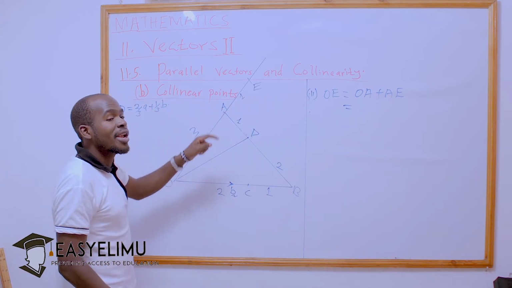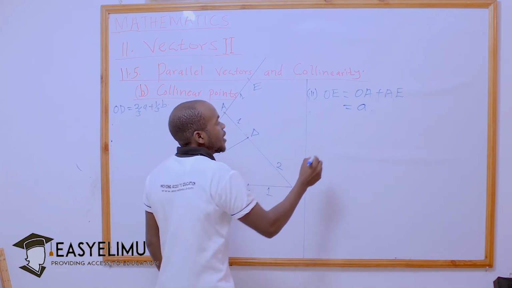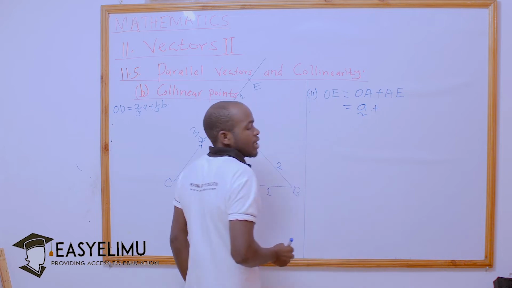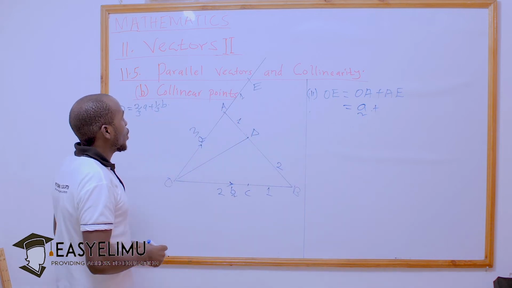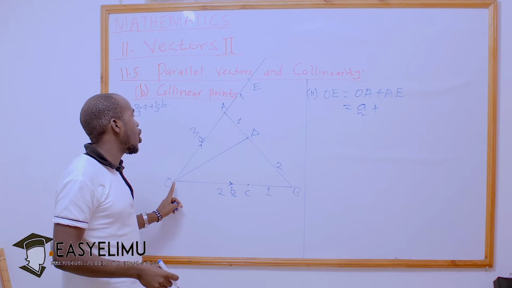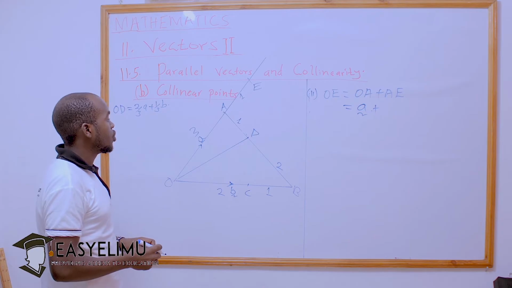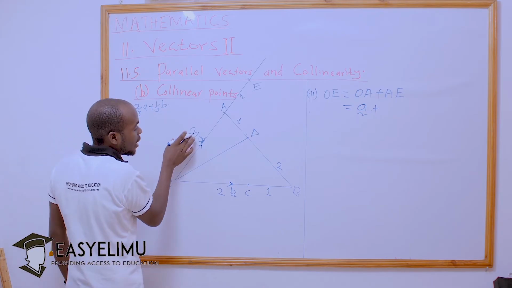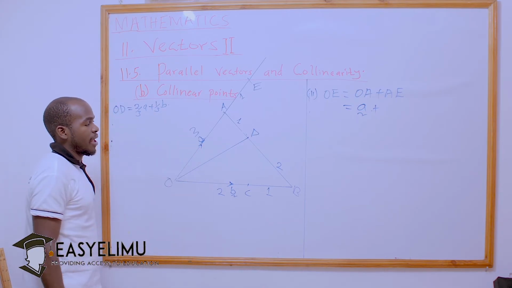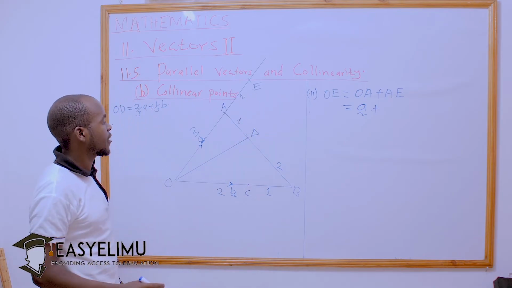OA we were given was vector A. And AE here, the ratio of OA to AE, we were given as 3:1. 3 here is representing A. So we need to find what 1 will represent.